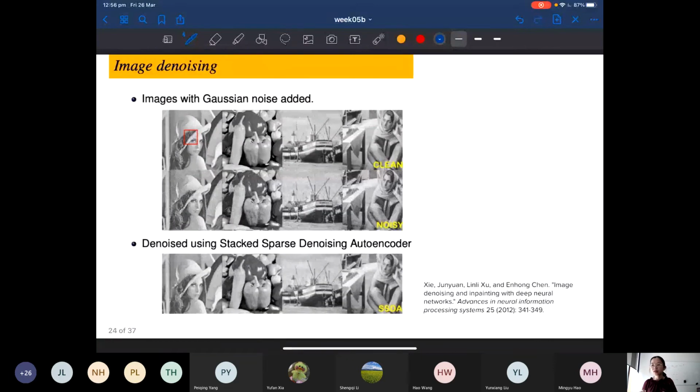So this is an intuitive picture of how this works. The first paper that does this is actually pretty simple, but it really works.